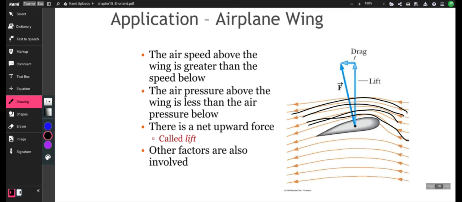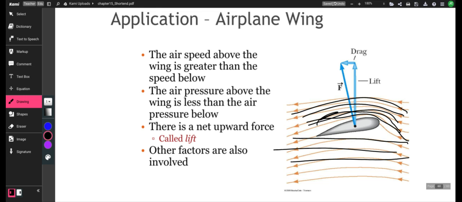But ultimately, as a plane is moving down a runway caused by the engines thrusting it forward, the air has to go up and over the wing, and when it goes up and over the wing, it is going faster than the air below the wing, and therefore you create a low pressure.